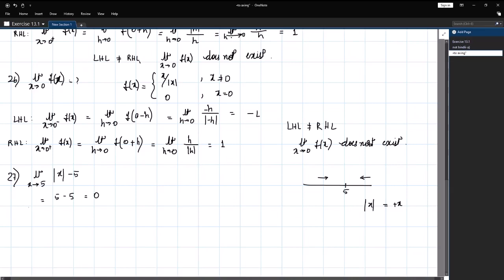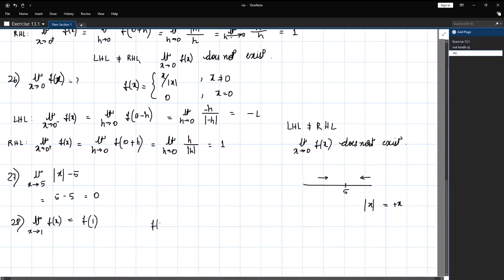So next, question number 28. So they have given that limit x tends to 1 of f of x is equal to f of 1.